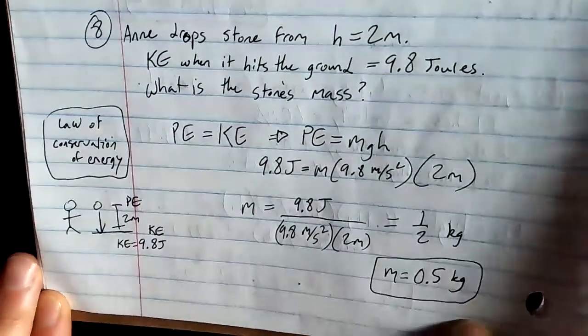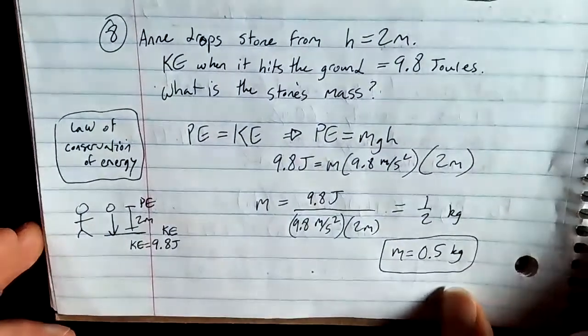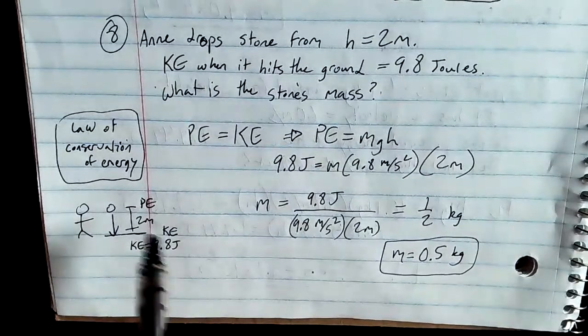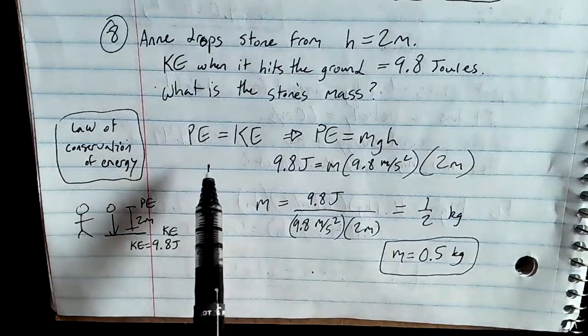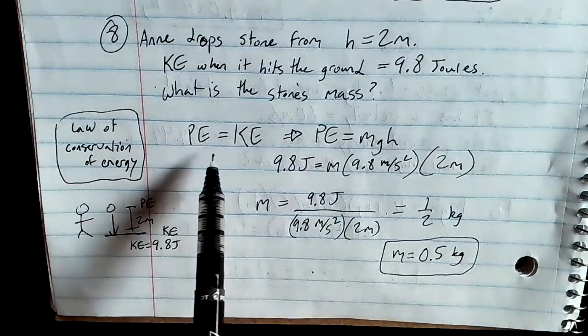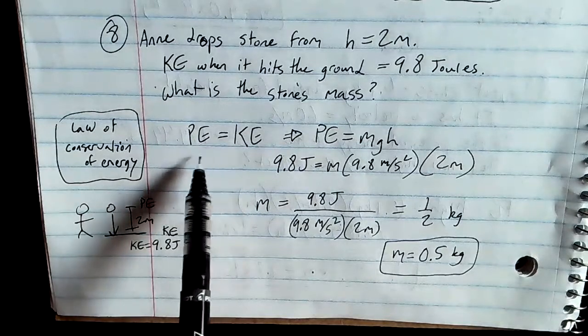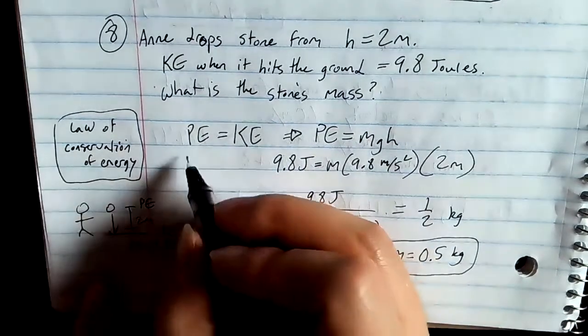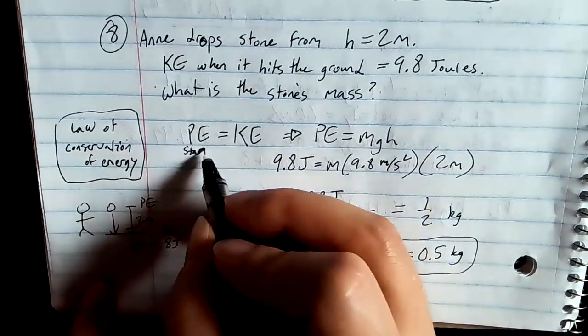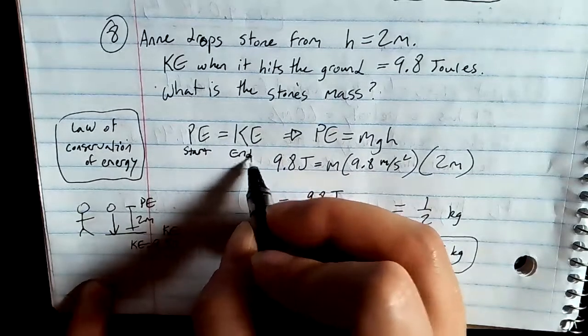All right. I'll give you one more second to look at all of that. But we use the law of conservation of energy to explain how we know that potential energy is equal to the kinetic energy. The potential energy at the start is equal to the end kinetic energy.